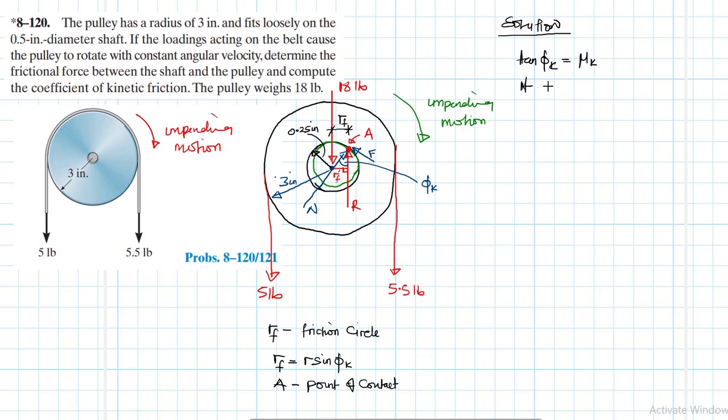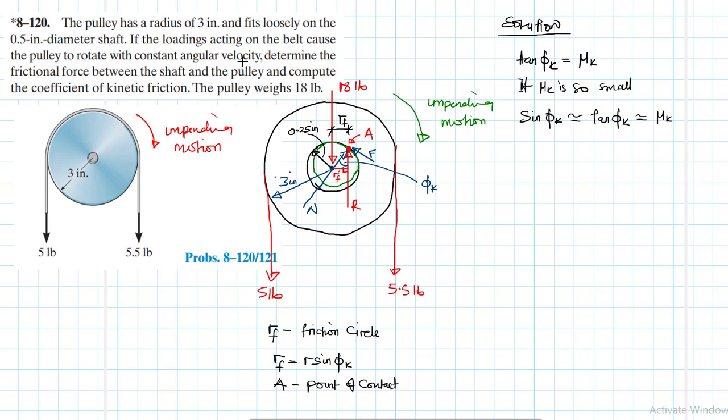But if mu k is so small, at the point where the surface between the shaft and the pulley is lubricated, then you can have a condition where sine phi k is approximately equal to tan phi k, which is approximately equal to mu k.